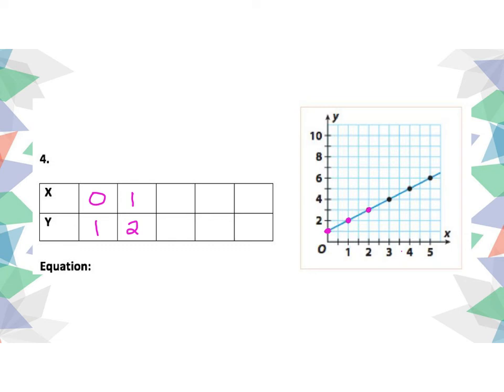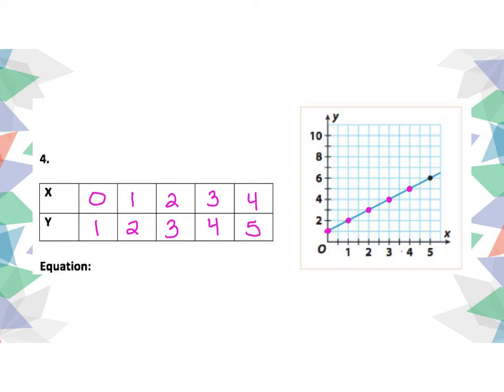The next point is when x equals 2 and y equals 3. There's also a point where x equals 3 and y equals 4. And there's a point where x equals 4 and y equals 5.